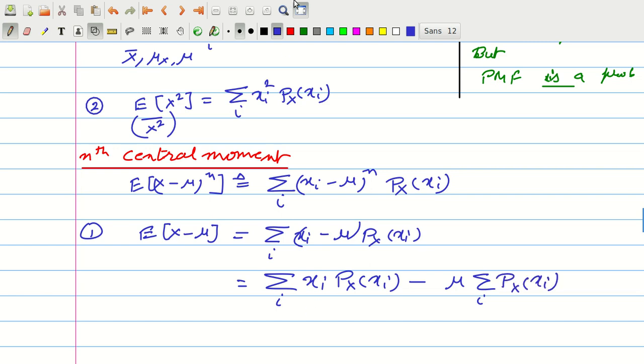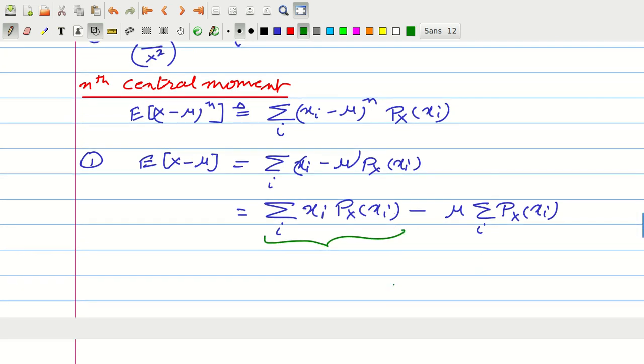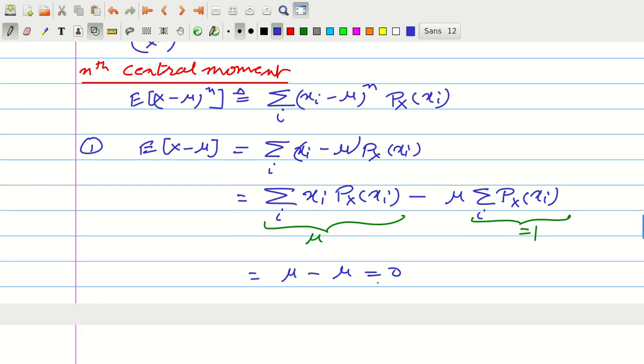The first term here is the first moment, which is simply mu, this term is mu, and the second summation here is the total probability, which must be equal to 1. So we get here mu minus mu, which is equal to 0. So as before, the first central moment of a random variable, whether continuous or discrete, is 0.